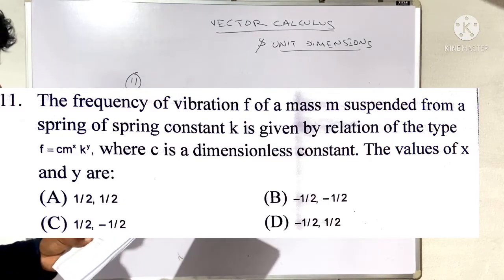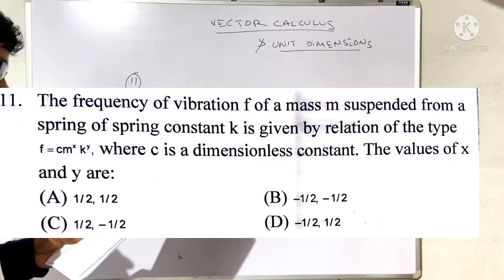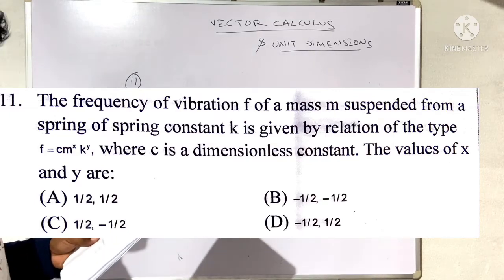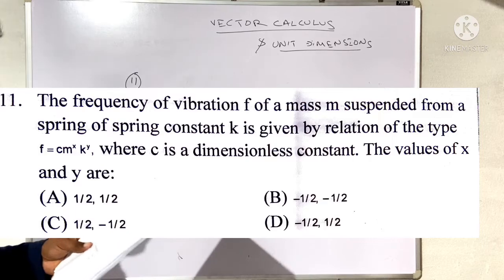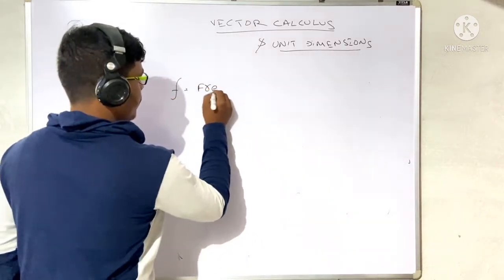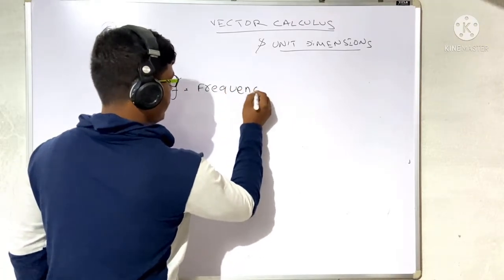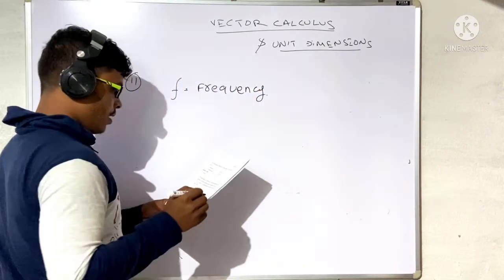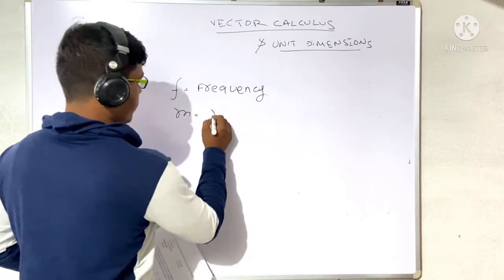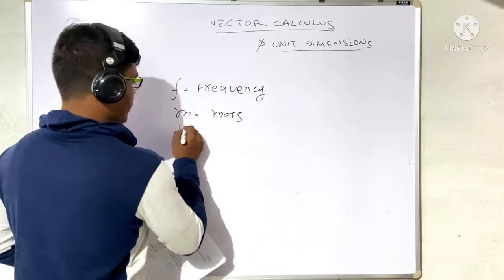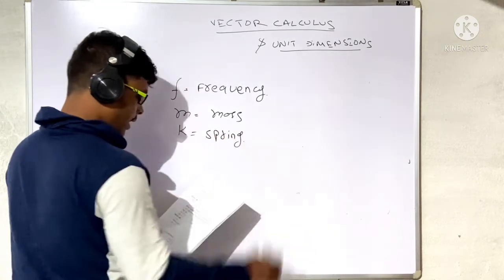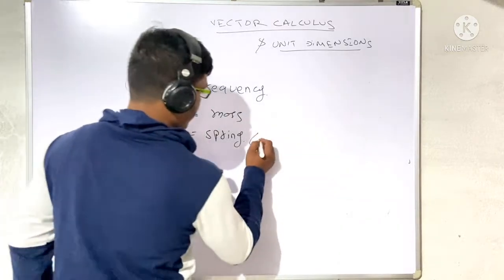The frequency of vibration of a mass suspended from a spring of spring constant K is given by the relation. F is the frequency, M is the mass, and K is the spring constant.